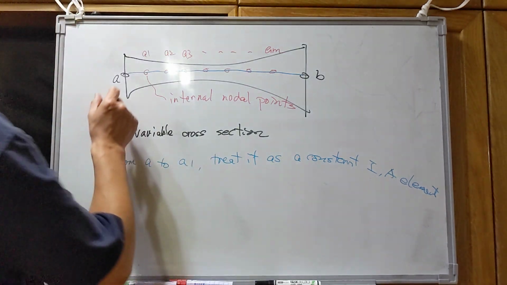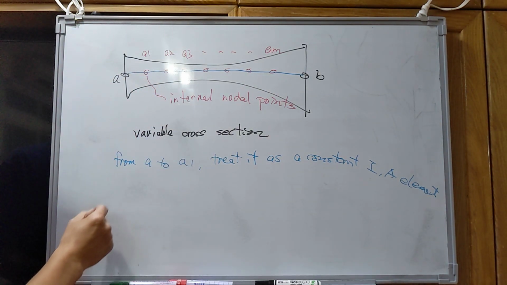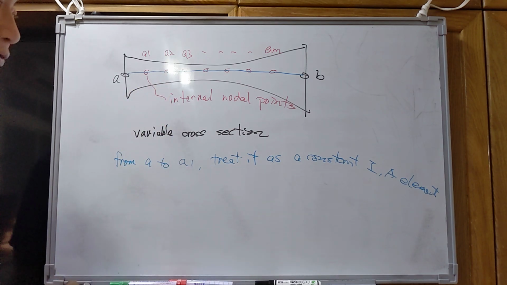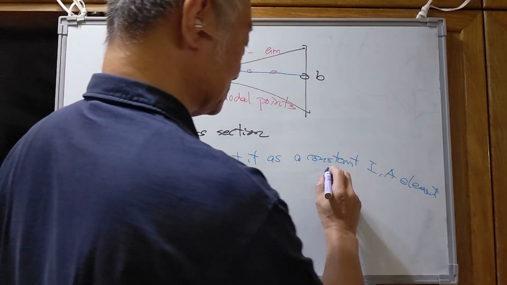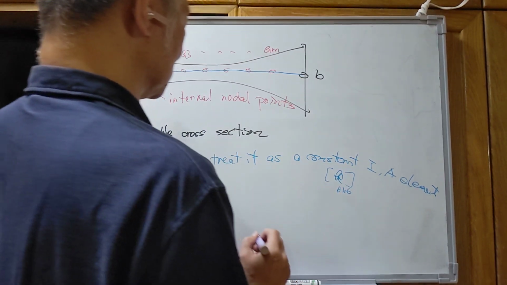So from the node point A to the node point A1, the stiffness matrix is 6 by 6.